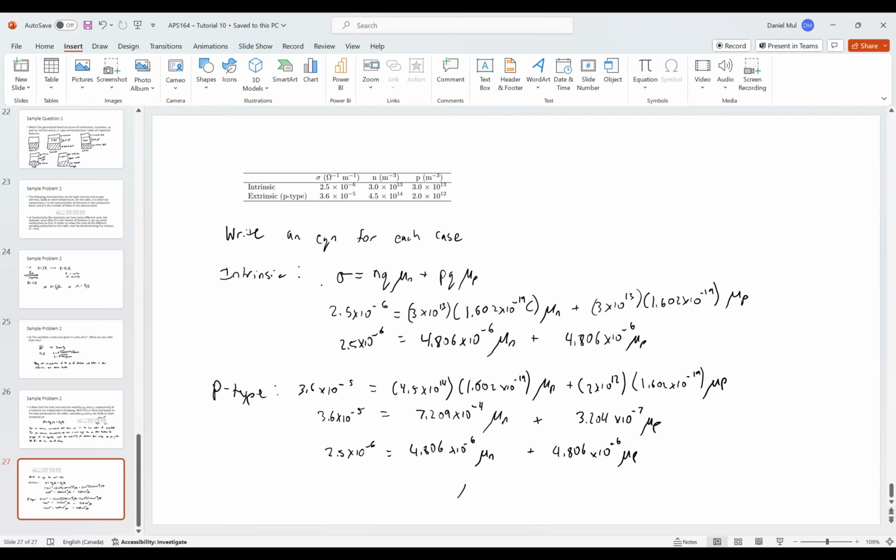So you find that mu n is equal to 0.50 meters squared per volt second, and mu p is equal to 0.02 meters squared per volt second. That's how we do that.